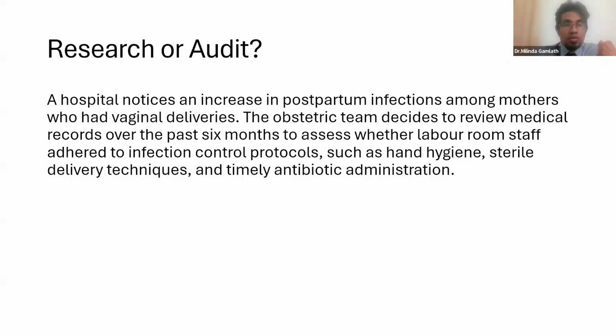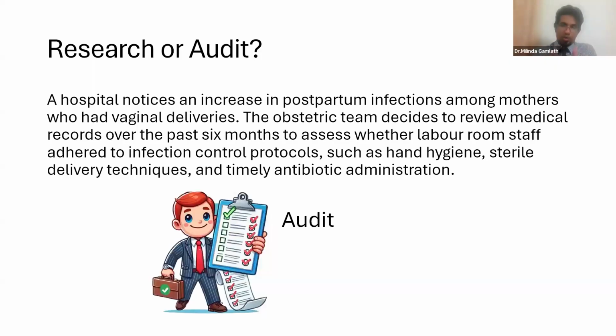And then they are looking at whether these protocols are being adhered to. And this is in one hospital, they haven't mentioned, but this is in one hospital. So basically, this is an example of an audit, right? There is already a protocol in place, so they are just looking at whether people adhere to the protocol.